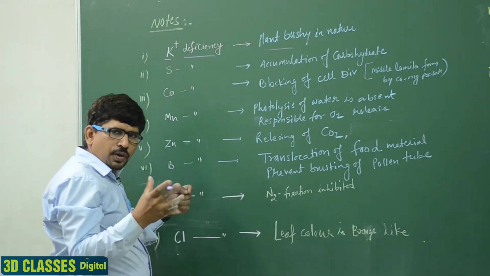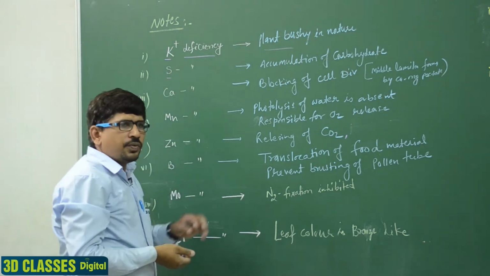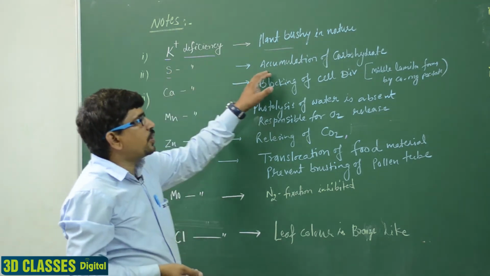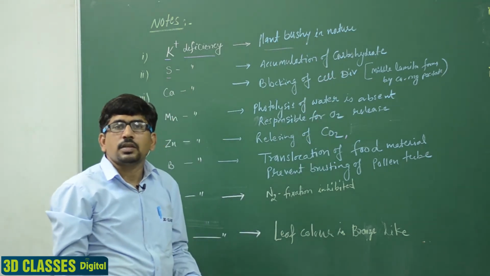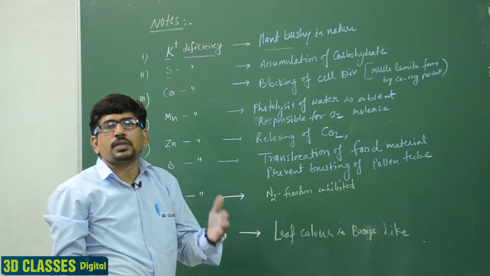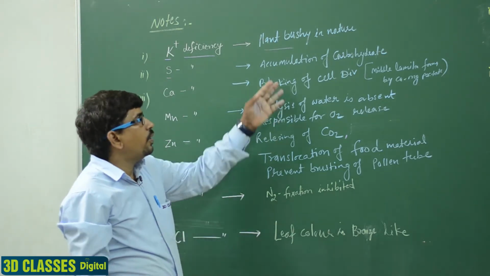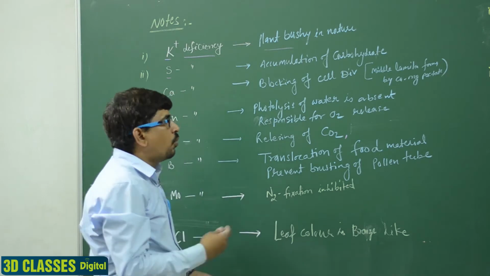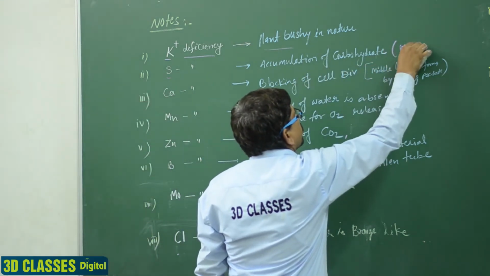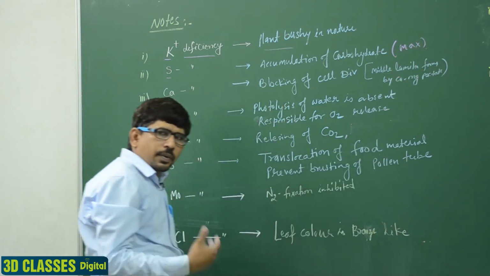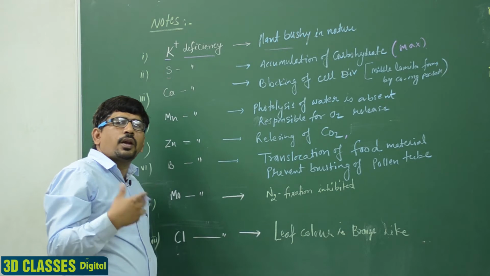For S, due to the deficiency of S, there is accumulation of carbohydrate. Generally, accumulation of carbohydrate is controlled by sulfur, but with sulfur deficiency there is much more accumulation of carbohydrate, maximum accumulation. It means due to deficiency of sulfur, the accumulation of carbohydrate increases.